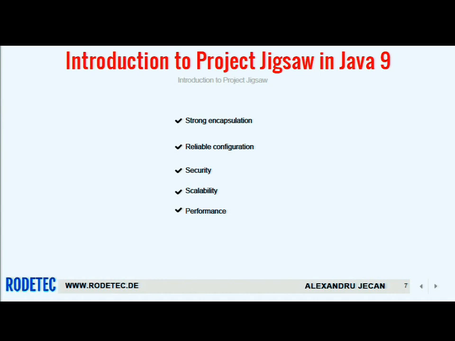Scalability and performance. I already talked about performance. You don't have to search the entire classpath in order to find something you already know, and it's a great performance boost. And the degree of scalability of the Java platform is increased because you can create smaller and optimized deployments that help reduce the amount of memory needed on the corresponding running device.